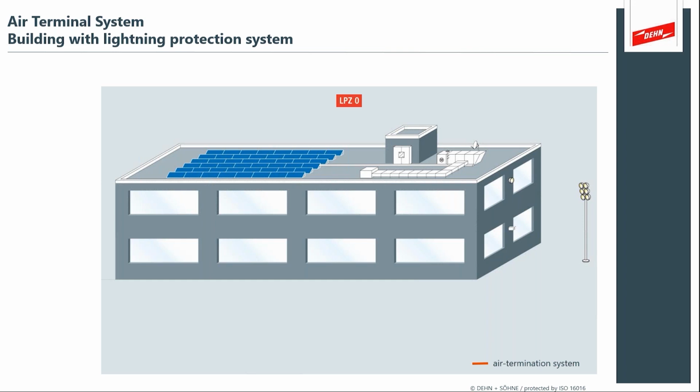When you're applying your air terminals, you want to put them in logical, effective places so that you can capture the lightning stroke, but also keep it away from other parts of your electrical system. So in this illustration, we see something that might be solar panels or an important electrical system on the roof.